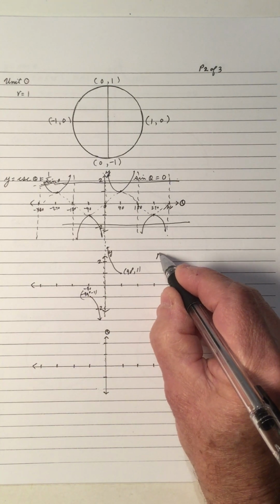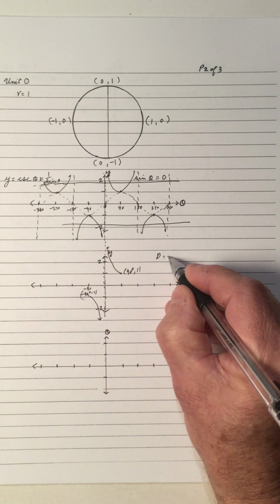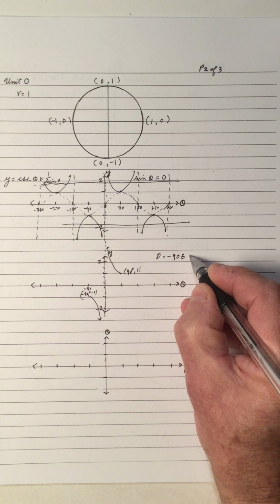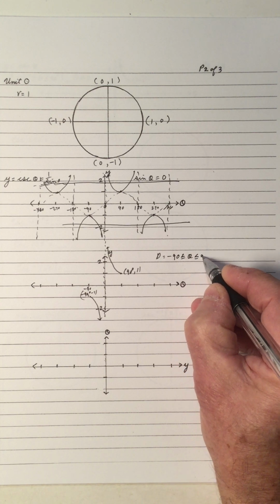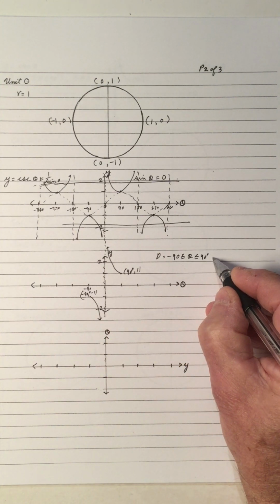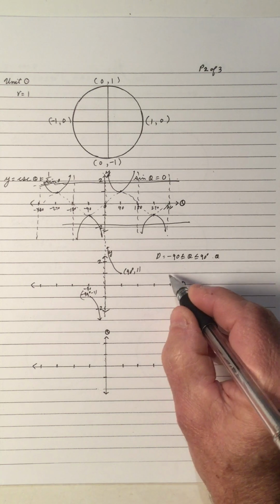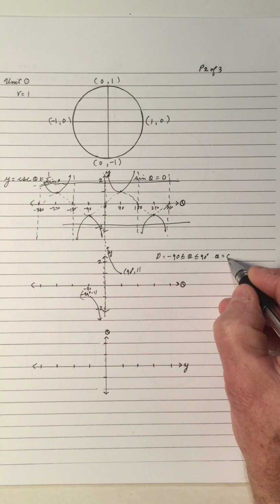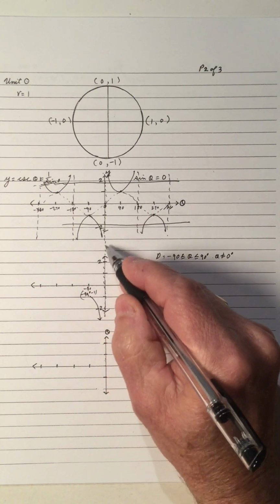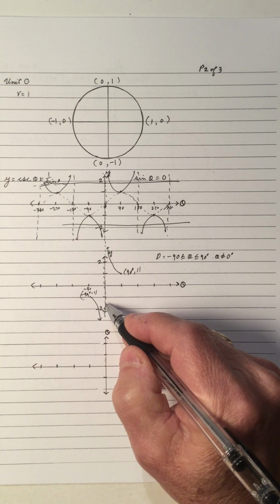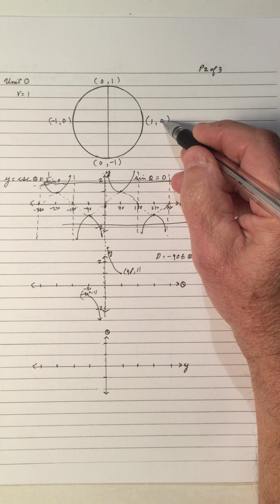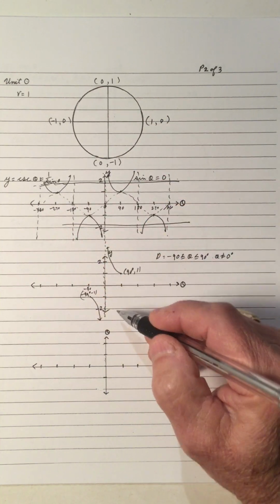So the domain goes from negative 90 less than or equal to theta less than or equal to 90, and theta cannot equal 0, because that's the vertical asymptote. Sine is 0 at 0, where y is 0, so cosecant is undefined.